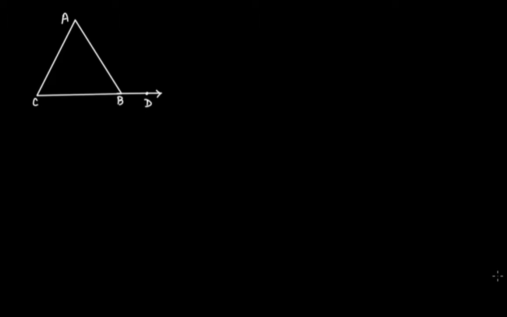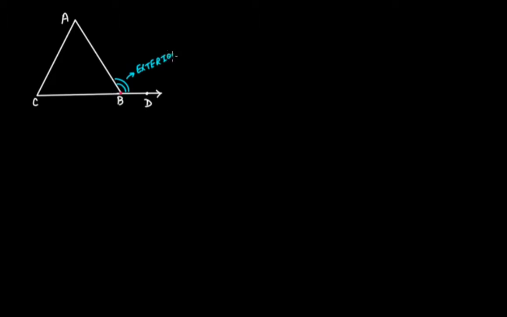We have a triangle ABC here, and the side BC has been extended towards the right, and due to this it is making an angle here. So at the vertex B, the side BC has been extended, and this angle is called an exterior angle.